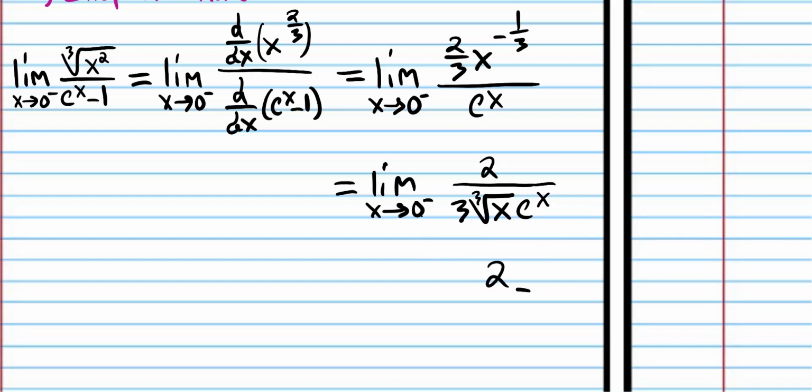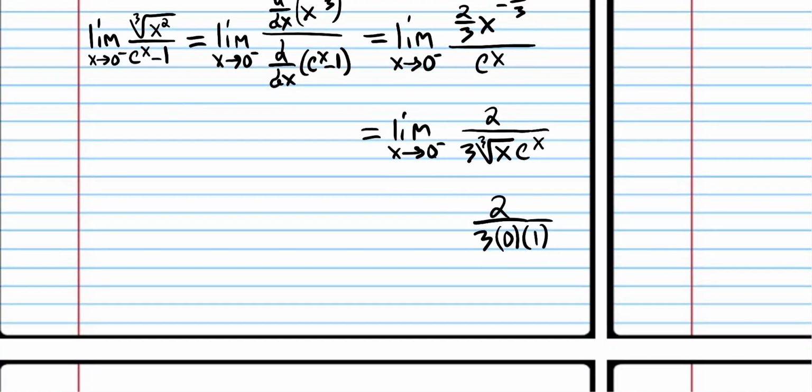So what you'll have is 2 over 3 times an expression that's getting closer and closer to 0 times an expression that's getting closer and closer to 1. So you have 2 over 0, but that is undefined. Now, if we approach from the right, we're going to get positive infinity.